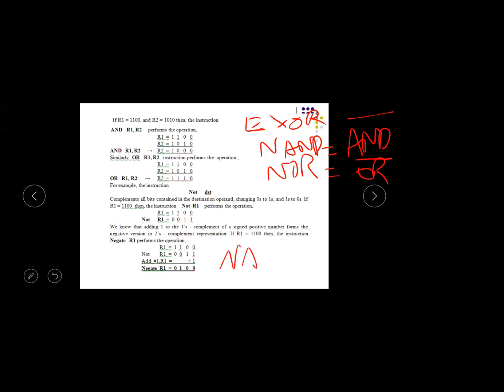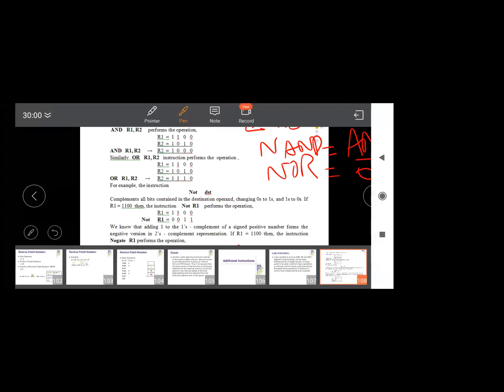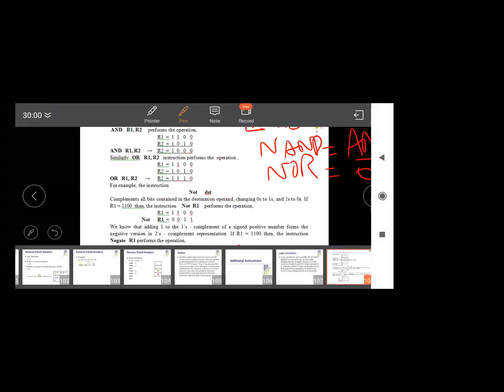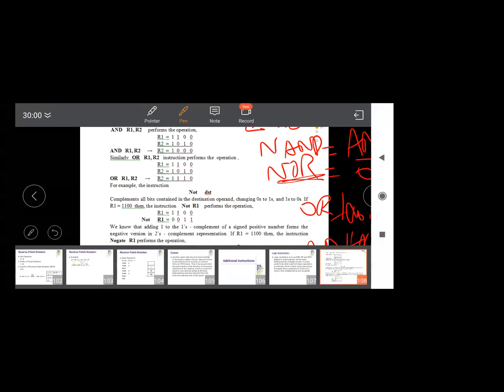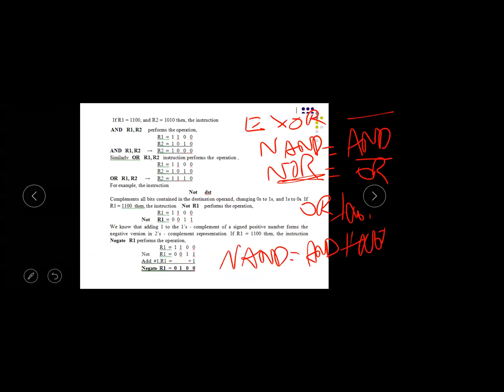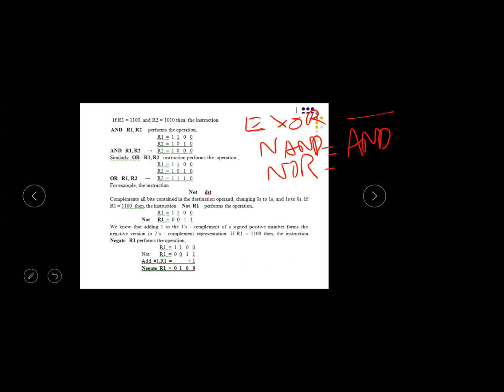NAND and NOR are derived from AND and OR only: AND complement is NAND, OR complement is NOR. These are derived logic operations.